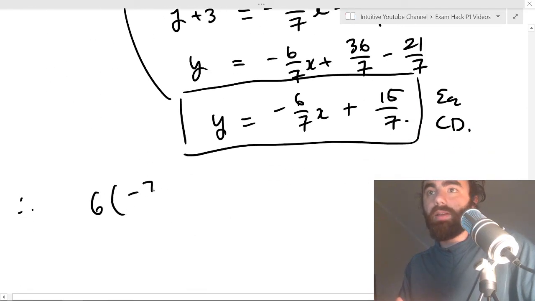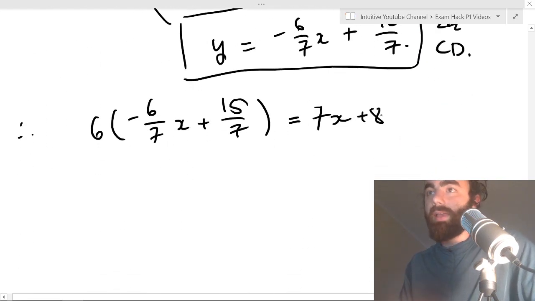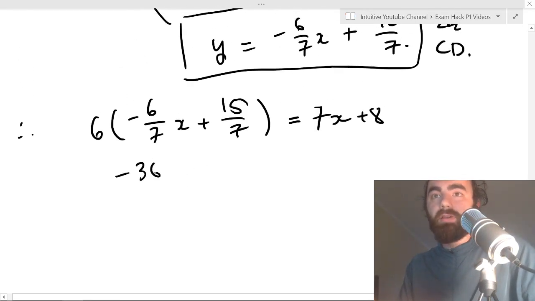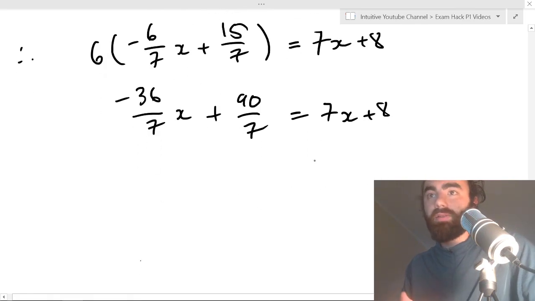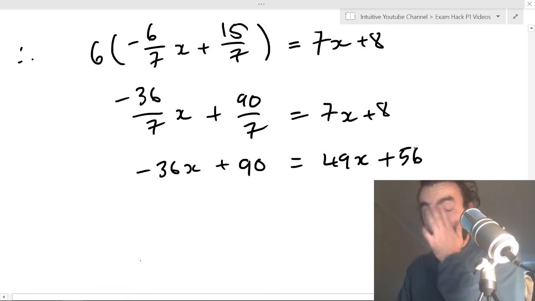So we get 6 times minus 6 over 7x plus 15 over 7 equals 7x plus 8. So let's just times in. So we get minus 36 over 7x plus 6 times 15 is 90 over 7 equals 7x plus 8. Now times through by 7. You get 49x plus 7 times 8 is 56.